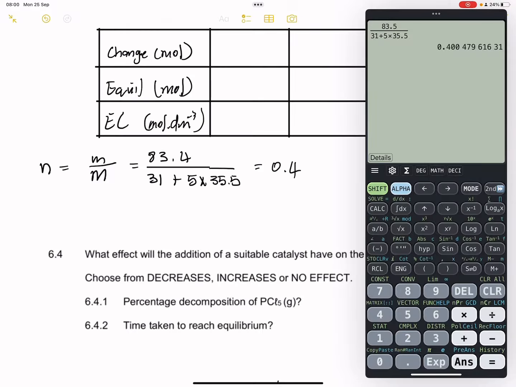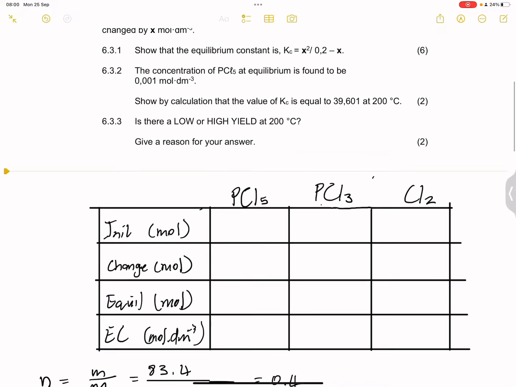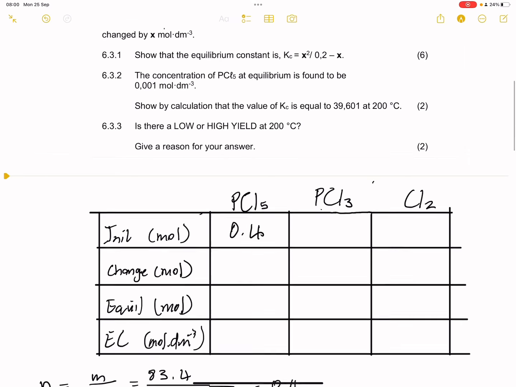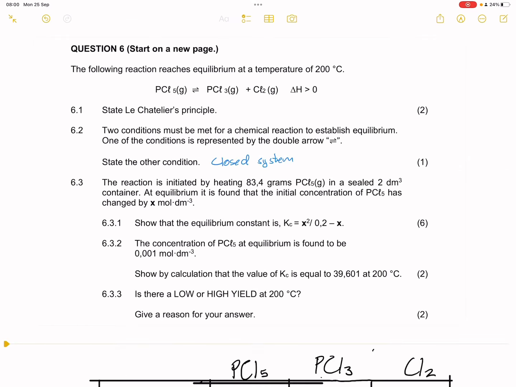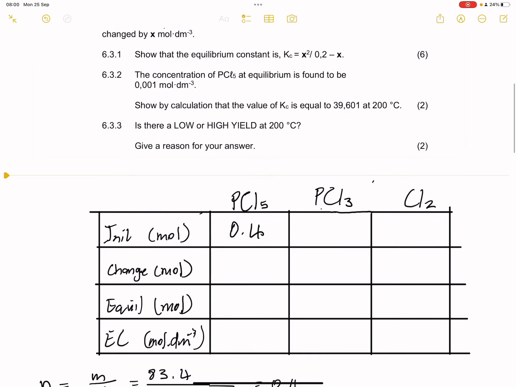So my initial moles for PCl5 is 0.4. But now what you must keep in mind is that both PCl3 and Cl2 are products in this case, and they did not say anything about them initially, so I'm going to assume that we started with 0.